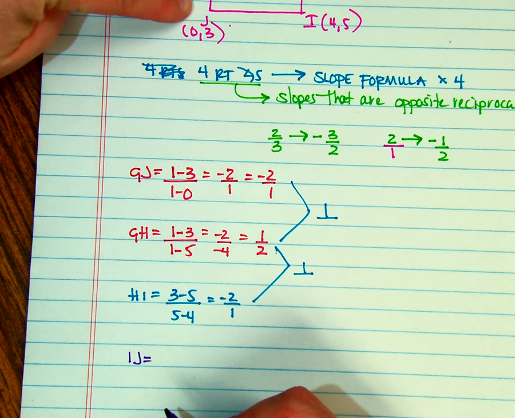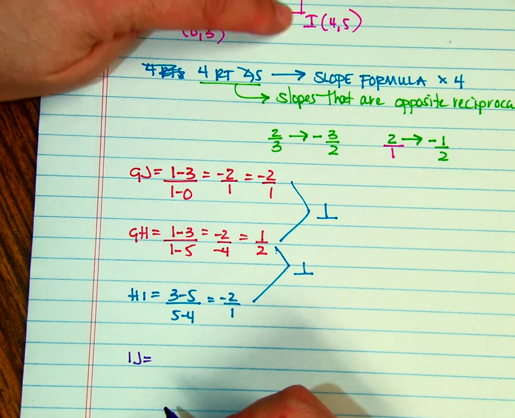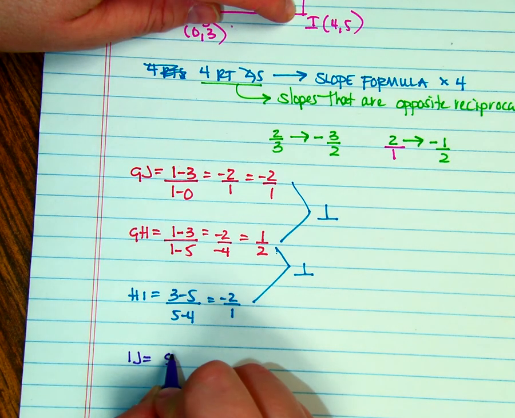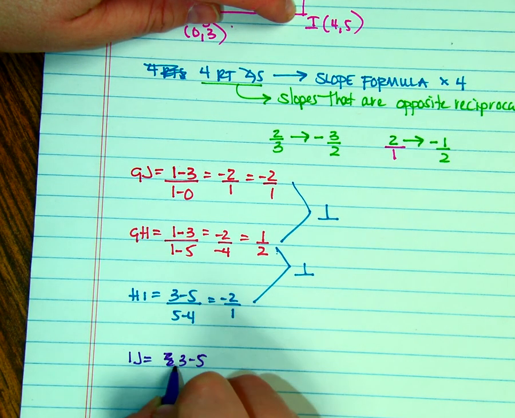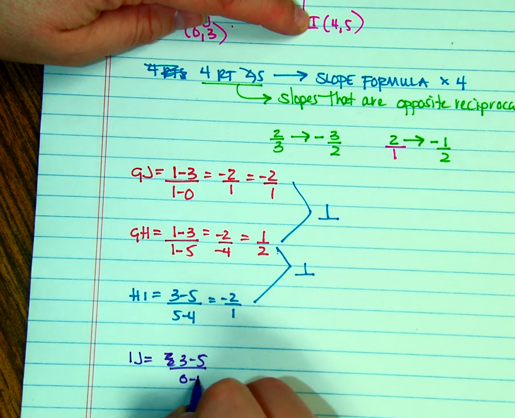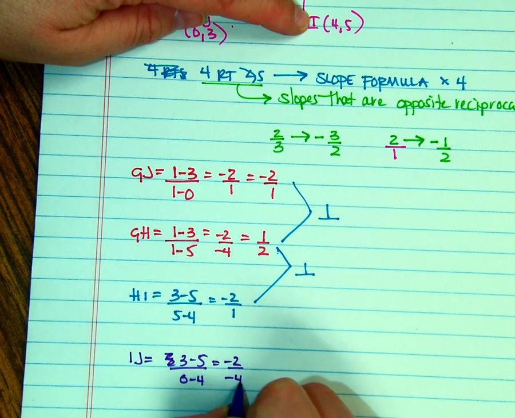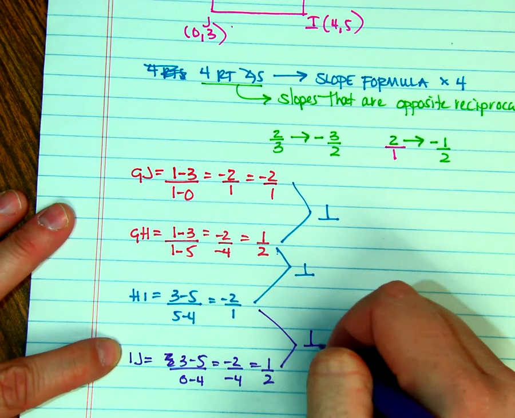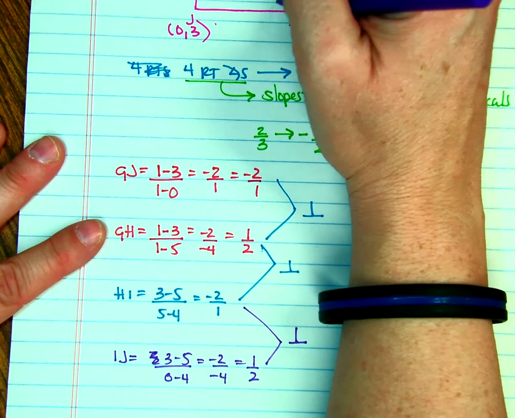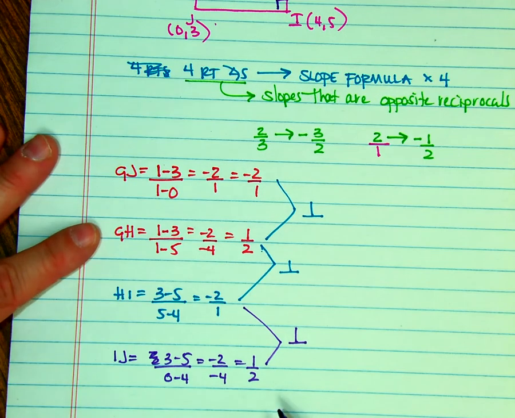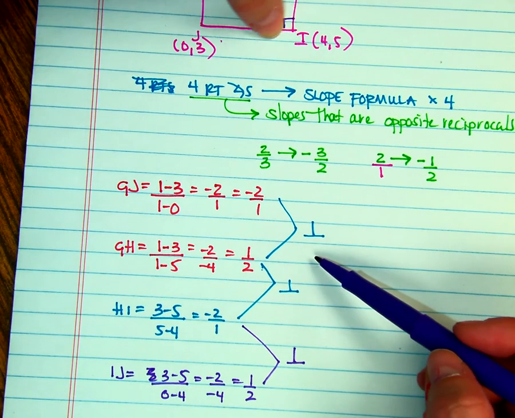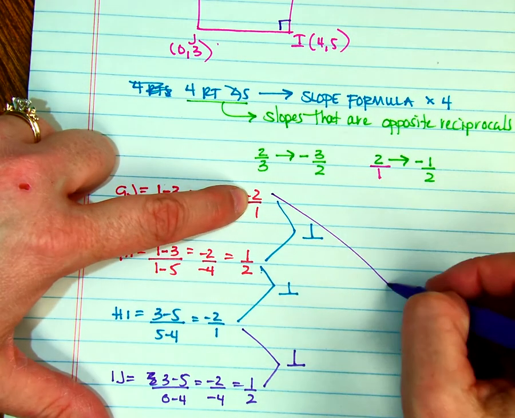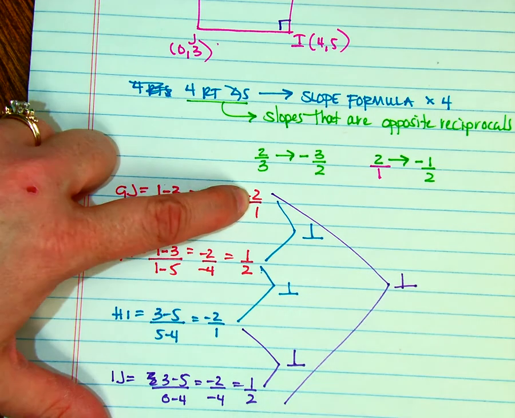So 3 minus 5 over 0 minus 4. -2 over -4 gives me again 1/2. So those are opposite reciprocals, so again, those are perpendicular. Now we could go back and compare the slope of IJ, which is this 1/2, and this one, and these are also perpendicular because they are opposite reciprocals.